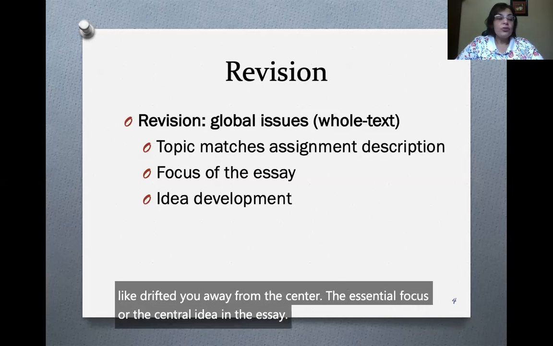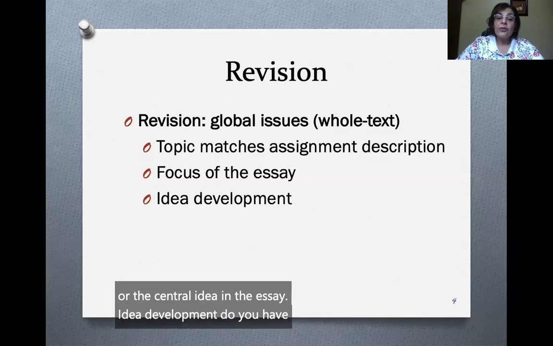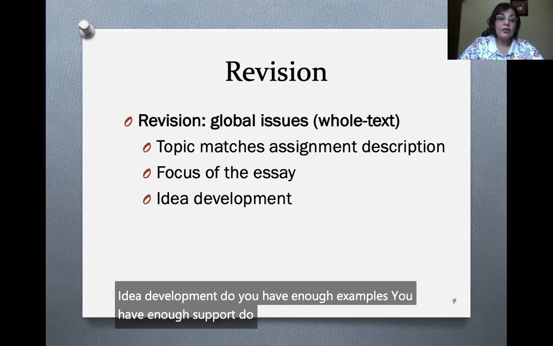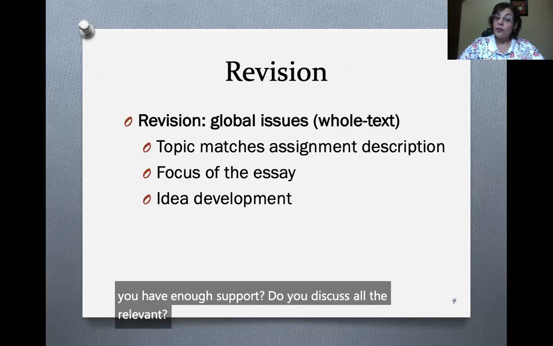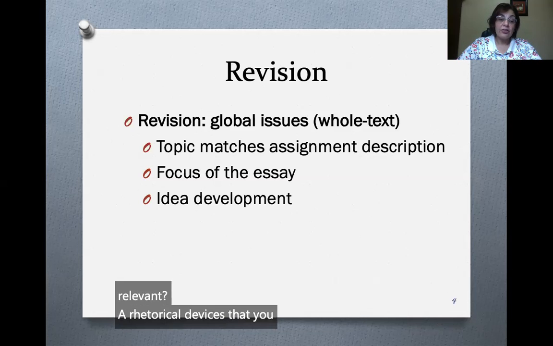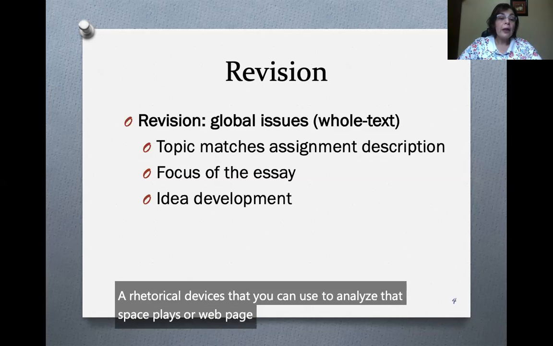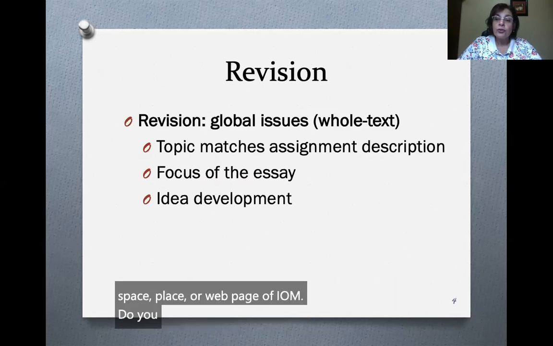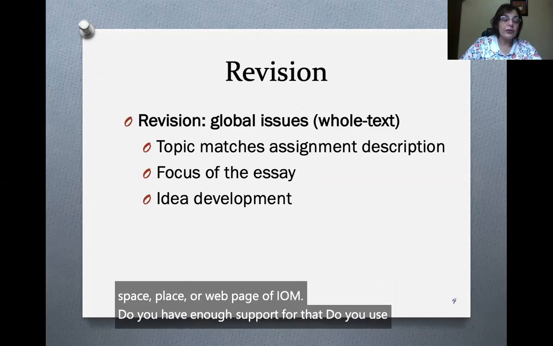Idea development: do you have enough examples? Do you have enough support? Do you discuss all the relevant rhetorical devices that you can use to analyze that space, place, or web page of AUM? Do you use examples? Do you use images?